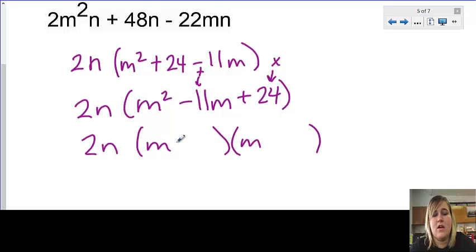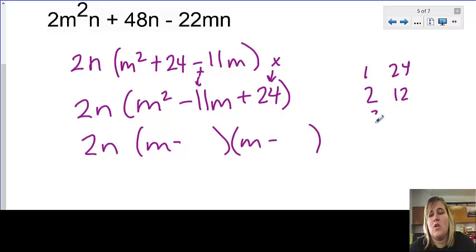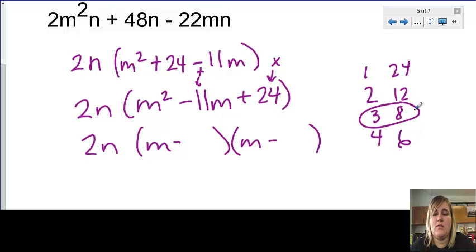Since I need a negative here, it's going to have to be two negatives. So things that multiply to get 24 are 1 and 24, 2 and 12, 3 and 8, 4 and 6. 3 and 8 will get me that 11. So I put 3 and 8. Final answer.